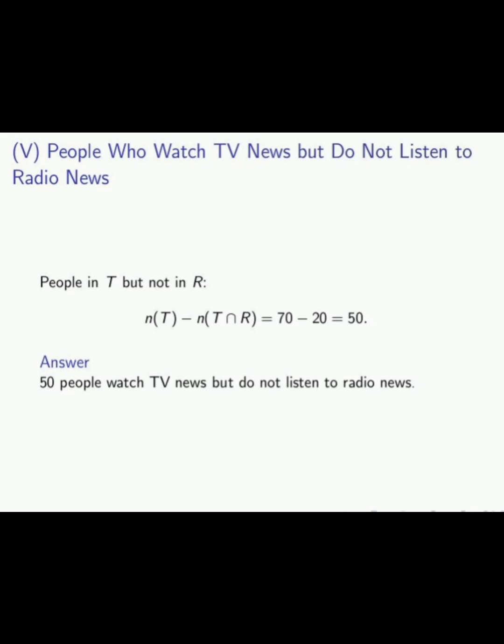The complement means the negative. Are you getting it? So that's the intersection of those that watch TV and those that did not watch, and those that watch TV and radio. Are you getting me? So that's 70 minus 20, which is 50. So 50 people watch TV news but do not listen to radio news.